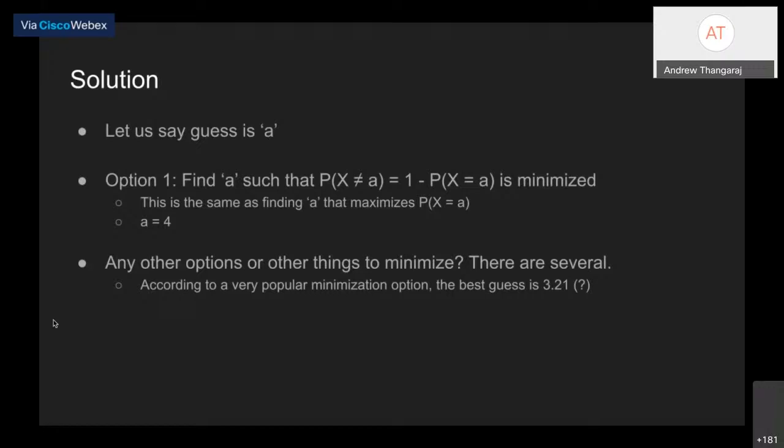Do you agree? Out of all the guesses you can make, you're given only one guess, right? If you guess 4, you will minimize the probability that your guess is wrong. Notice, what is the probability of x not equal to a? That's the probability that the guess is wrong, isn't it? And that's 1 minus the probability of x equal to a, right?